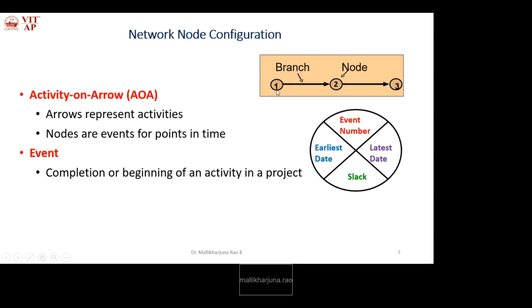The left event indicates the start of the activity, and the right event indicates the finish of the activity. So in the activity on arrow approach, arrows represent activities, and nodes are events, points in time: the completion or beginning of an activity in a project.